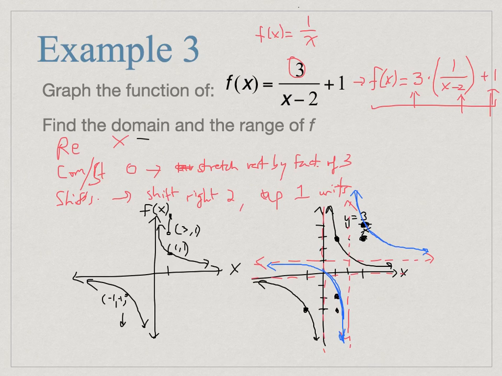So that blue graph is now y equals 3 times 1 over x minus 2 plus 1. So there's an order. Do these in order, and you should be okay. Start with reflections, do your compressions and stretches, then do your shifts. Just do it slowly. You'll get the hang of it as you practice these in your homework.